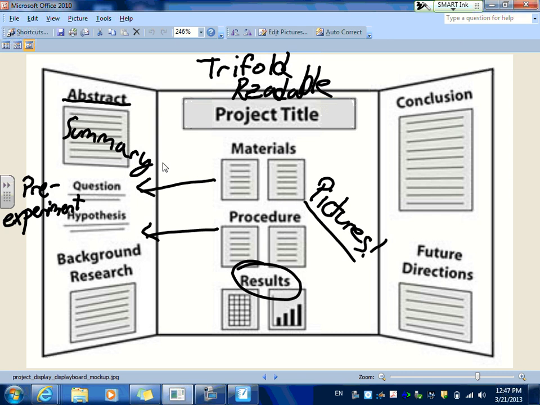And then the right side of the board is the stuff after you've completed your experimentation, where you put all the material from your completed project. So you have your conclusion and future experiments, future improvements to your project, things that you've learned by doing the experiment that maybe you should have done instead.